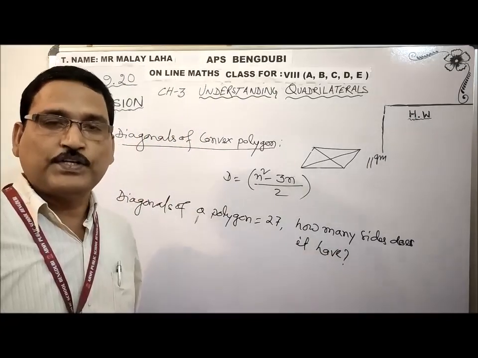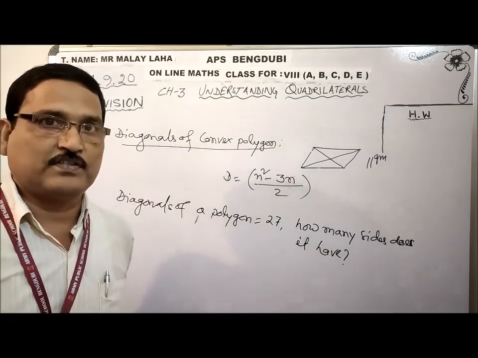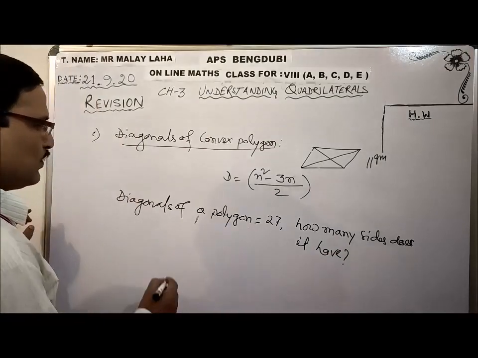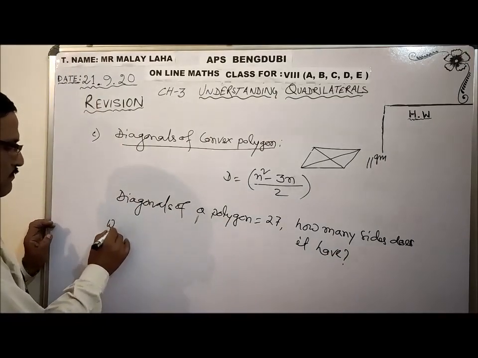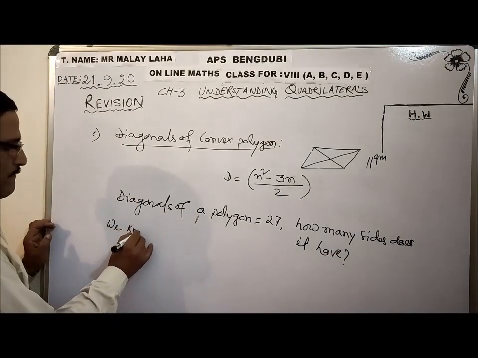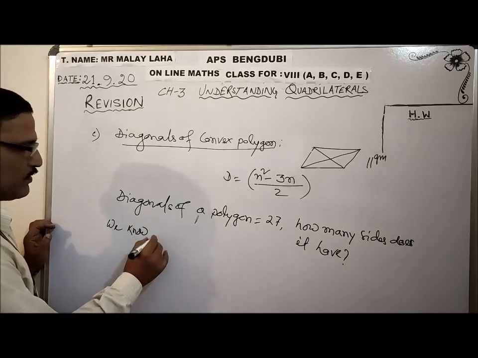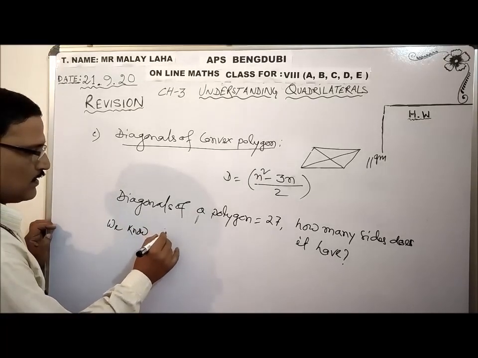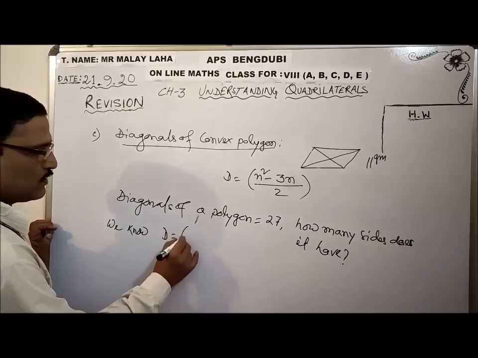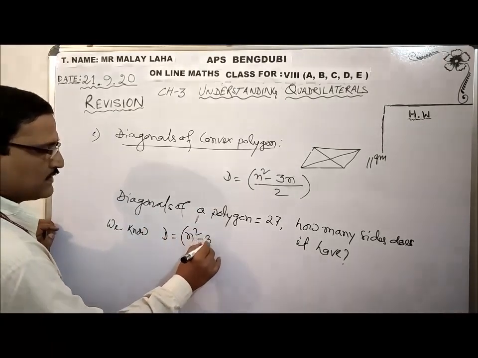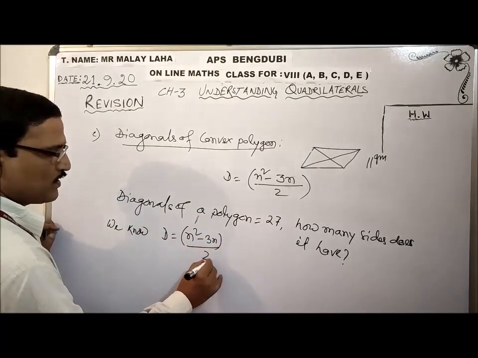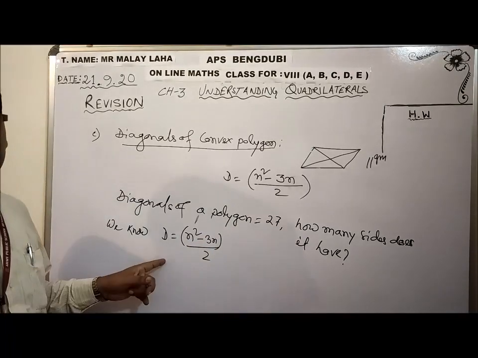For this we need the help of factorization. First of all, you put that formula. D equals n square minus 3n by 2. Which value is given? D is given.